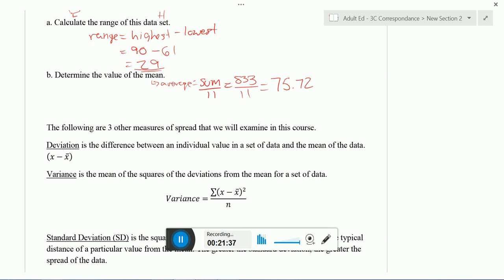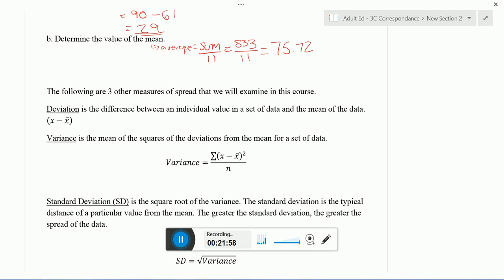The variance, it's a mouthful. You don't really need to understand what it is as long as you can find it, but it's the mean of the squares. So we take the difference between each point, we square that difference to make all the numbers positive, add them up, and then divide by how many we have. And the standard deviation is we take the variance and we square root it.